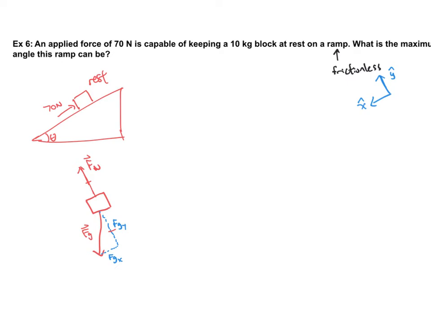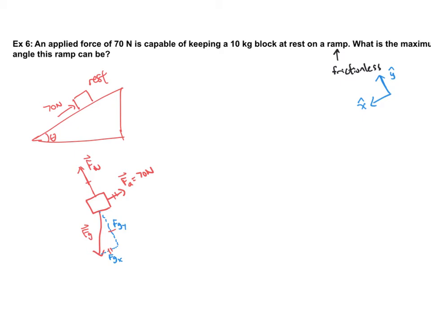And in this case, it's going to be balanced out by a 70 newton applied force. So there's a free body diagram, and I'll use double tick marks to represent these components being equal to each other. All right, so normal equals the Y component of gravity.